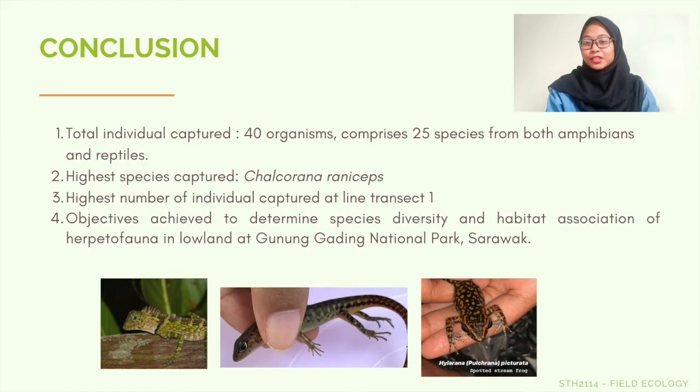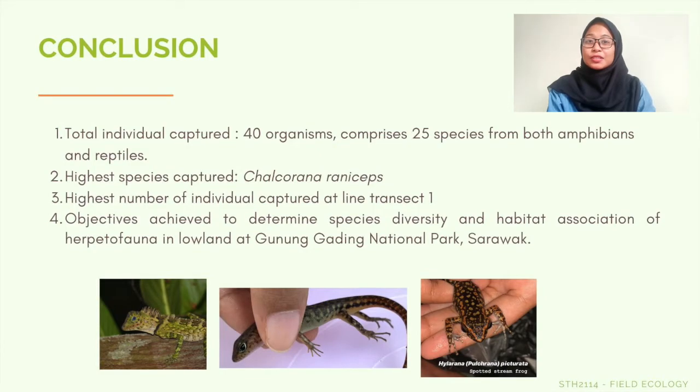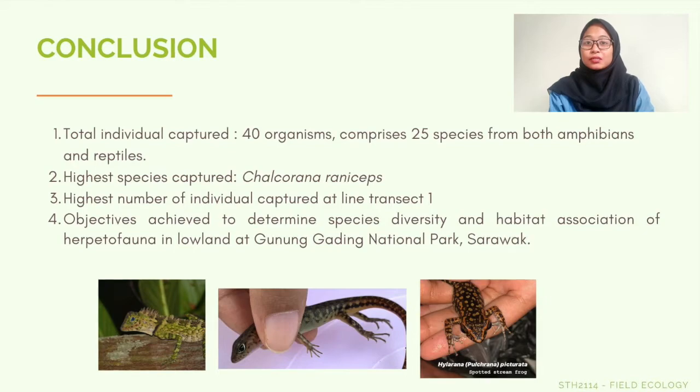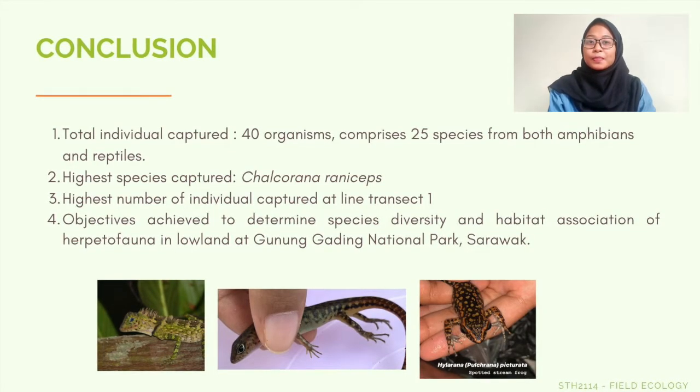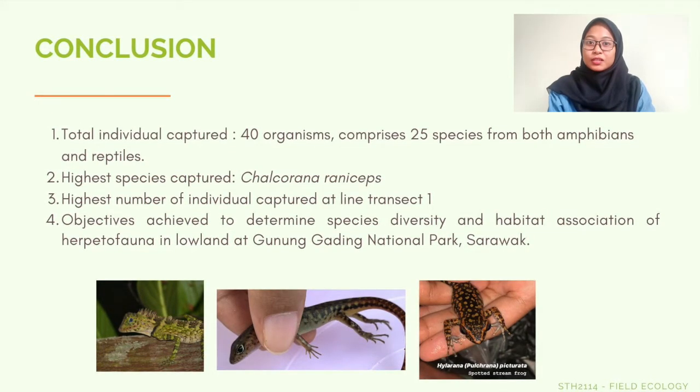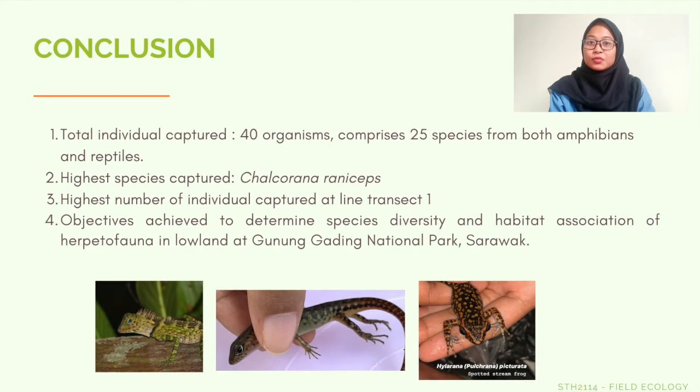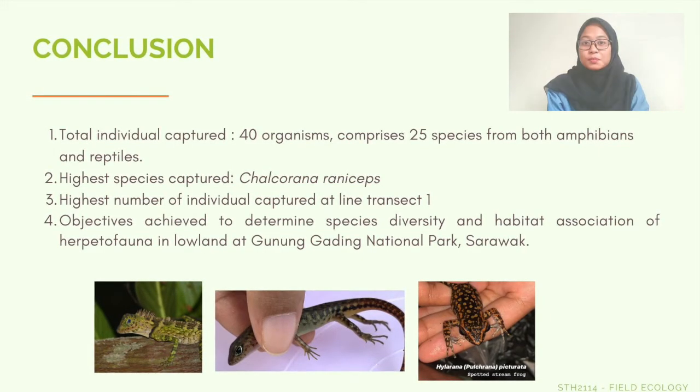The research aimed to identify the species diversity and microhabitat association of herpetofauna in the lowland forest in Gunung Gading National Park, Sarawak, based on a qualitative approach to species encountered using different techniques. The total number of individuals captured is 40 organisms, comprising 25 species.